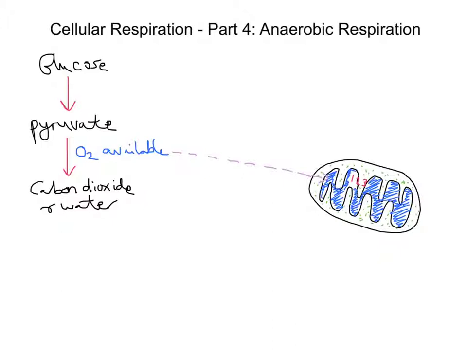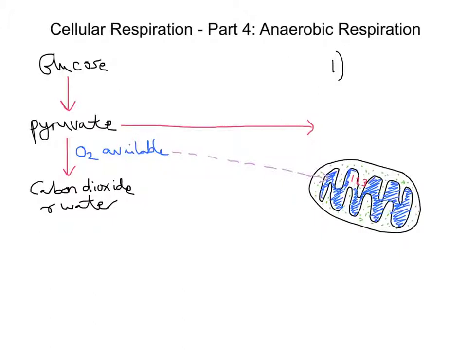So aerobic respiration will take place predominantly in the matrix of the mitochondria. The first stage takes place in the cytoplasm, and then from pyruvate, the link reaction, Krebs and oxidative phosphorylation are in the matrix. But as I've said, if oxygen is not available, if we start to respire anaerobically, then this pyruvate follows a very different path.